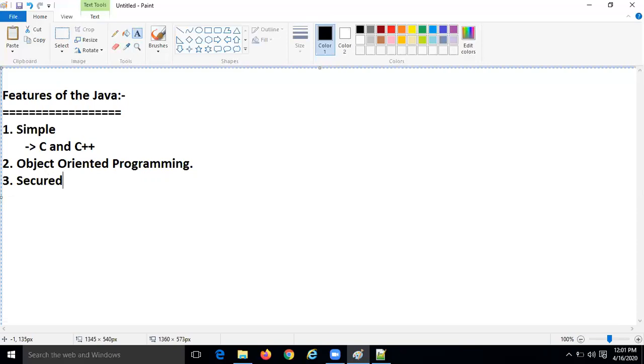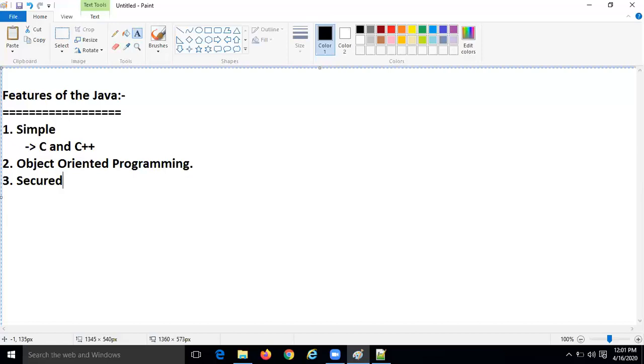Whatever code you develop is converted into bytecode after the compilation. But this bytecode is not in a human readable format. That is one thing.